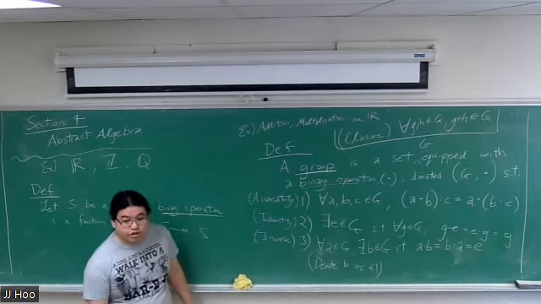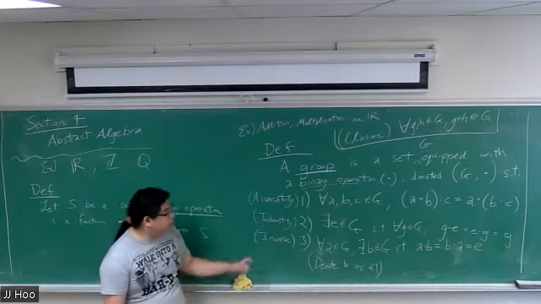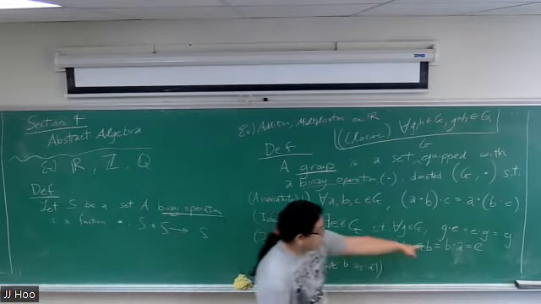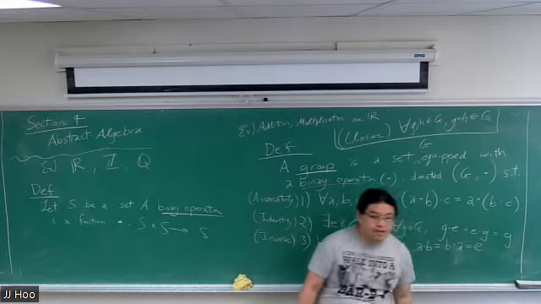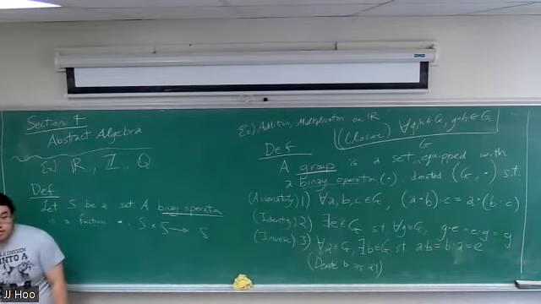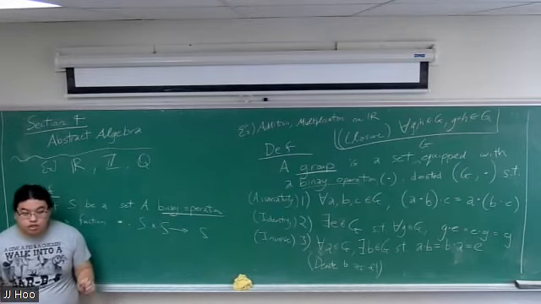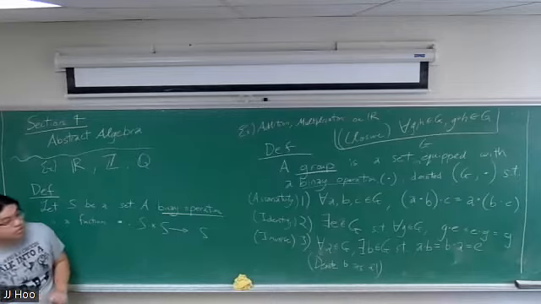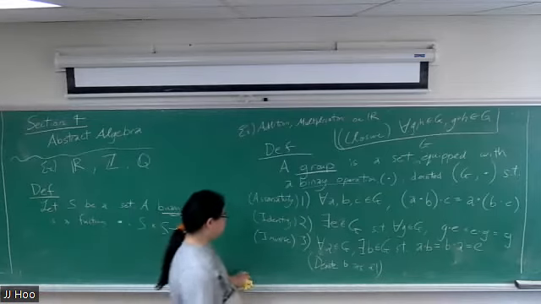For the most part, the order doesn't matter. However, notice that in the inverse, I use the identity. The identity shows up in the inverse. So if I haven't defined the identity yet, I cannot define an inverse. I need to first have an identity before I can talk about what the inverse is.